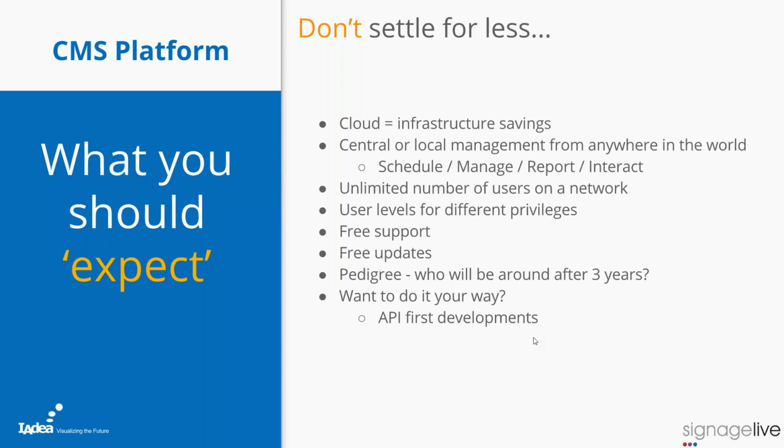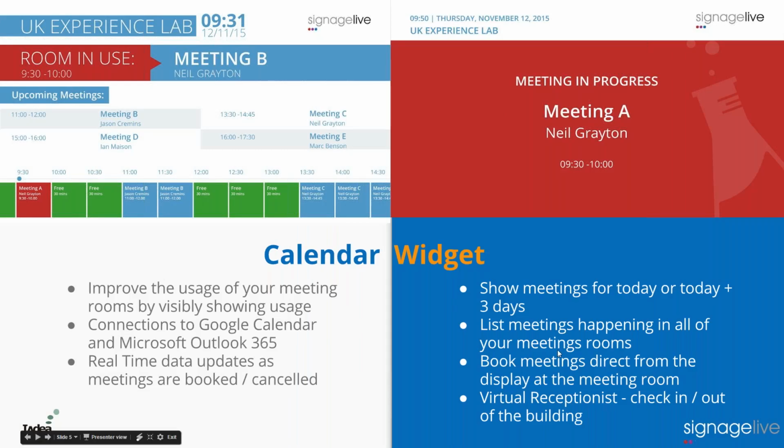Think of Signagelive as the engine under the bonnet, and your API with the UI being the color of that bonnet, or maybe it's either a Porsche or a Ferrari. My non-technical way of explaining it. And the widget development framework takes care of one of the new additions that we've had since the back end of last year, to do with widgets which are available to play offline and available to be downloaded from the Signagelive marketplace.